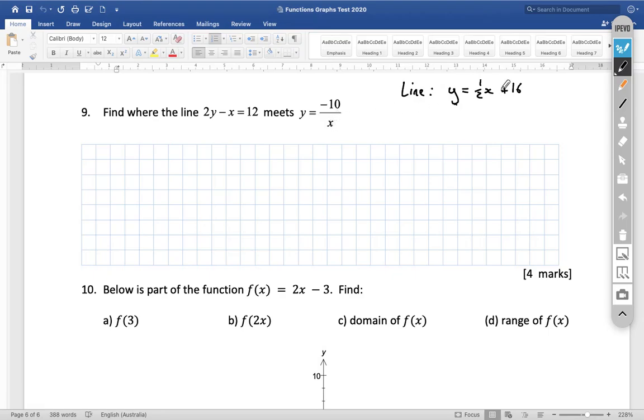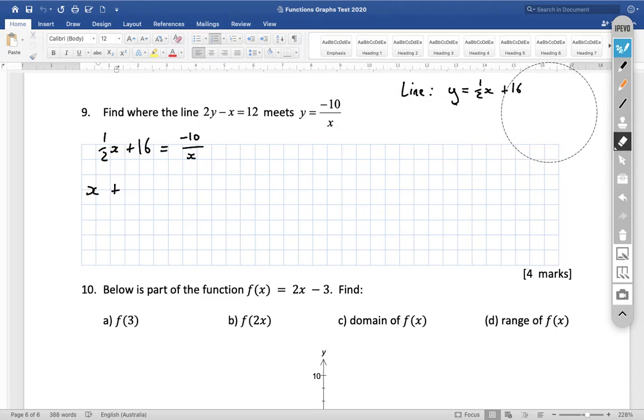Both equations have to use the same x value, right? Therefore, you could say half x plus 6 needs to equal minus 10 on x. I don't like this half x. I'm going to go through and times everything by 2, although I guess that's optional now.